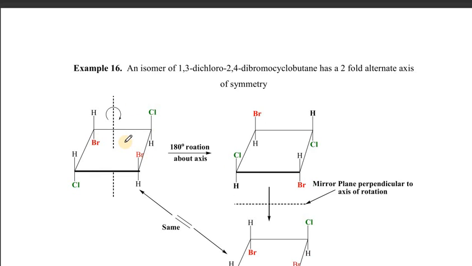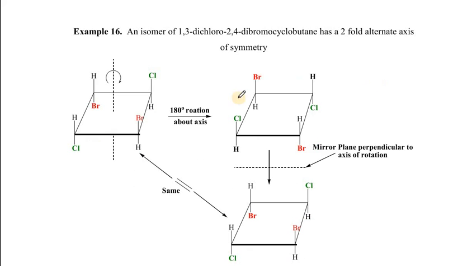In this example, that is 1,3-dichloro-2,4-dibromocyclobutane, it has a twofold alternating axis. That is, if this molecule is rotated by 180 degrees about the axis, then we get this placement of atoms.